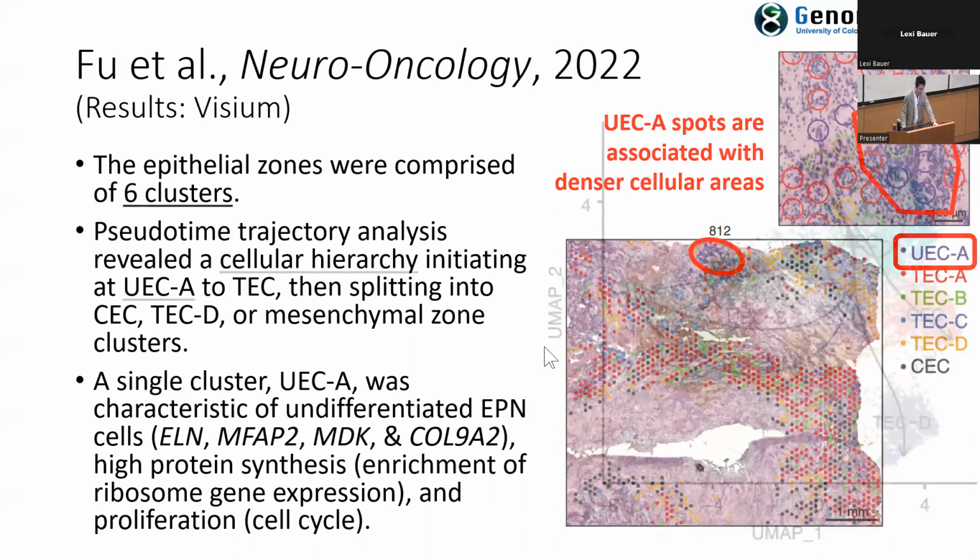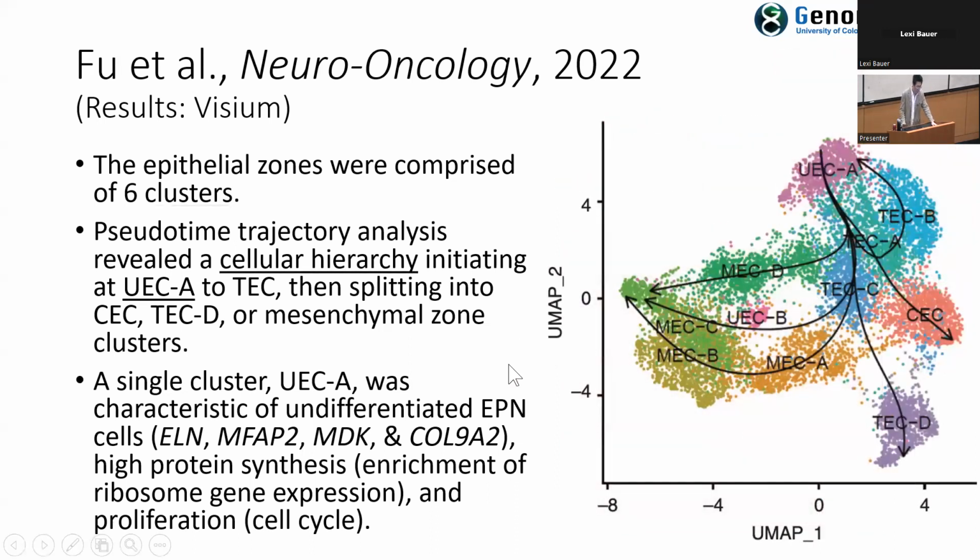So that's the first clue that maybe there's something interesting going on here with the UECA. Then they generated UMAPs from these cells. And likewise, what they found was that there was a cellular hierarchy essentially associated with this. And using some pseudotime trajectory analysis, they found that hierarchy initiating from that UECA, so the undifferentiated ependymoma cells, all the way up there by itself. And then you can map out how they are differentiating.